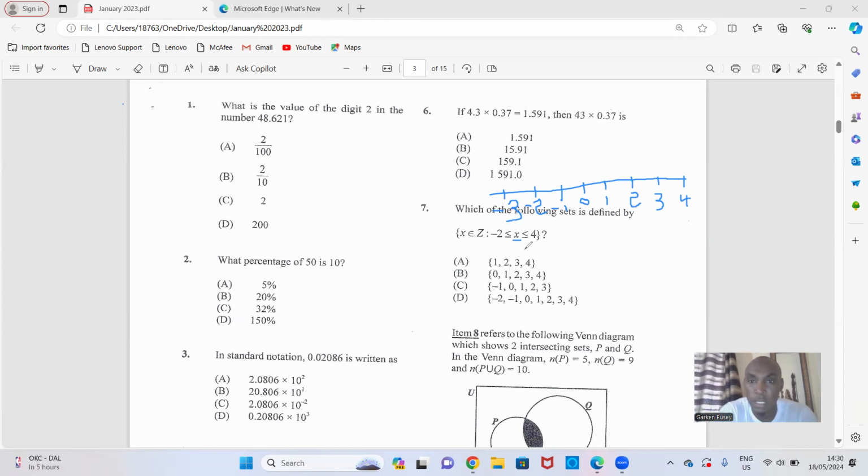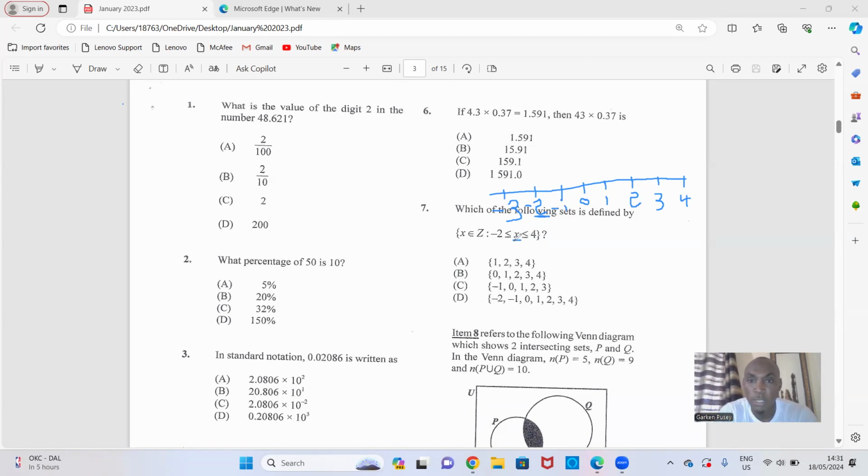So let's see what this is saying. It is saying x is greater than or equal to. If it is equal to, it means they're going to include the -2. If we didn't have the equal to right here, the line below the sign, it would mean x is just greater than. So x wouldn't be -2, x would start at -1 because greater than goes to the right.